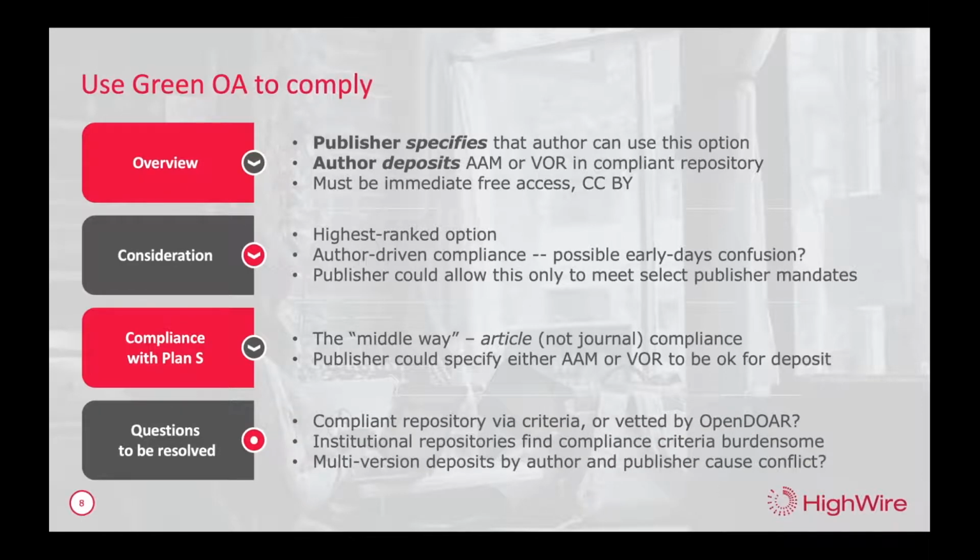And we need to ensure that if the author deposits one version to a particular repository and the publisher deposits another version, that there isn't any kind of conflict between the two that's going to happen. In other words, if an author is depositing an author-accepted manuscript to PubMed Central to be compliant with Plan S, but the publisher deposits the version of record to be compliant with the NIH rules, does anything break?